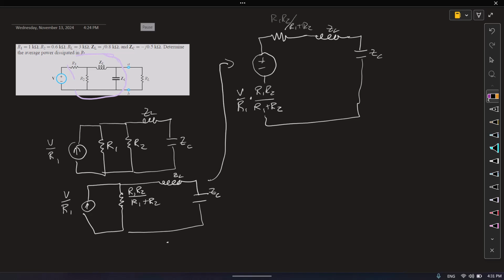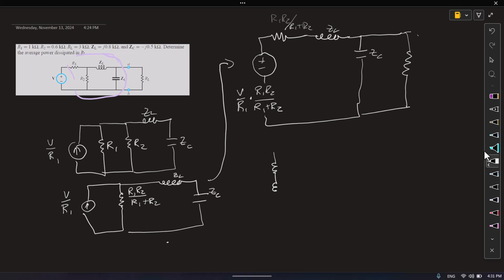And then we combined R1 and R2 in parallel to get R1 R2 over R1 plus R2. So now I have a circuit that looks like this drawing right here. But remember, we're looking at this from the point of view of our load over here. So if I want to get the Thevenin resistance from that load, then to see what it looks like, I deactivate my power sources.